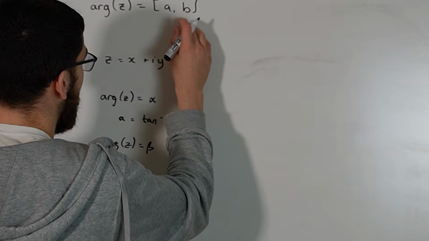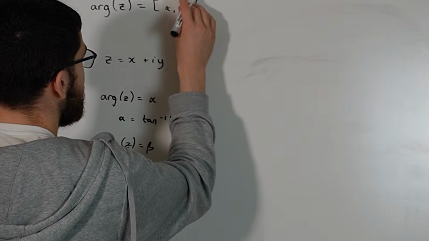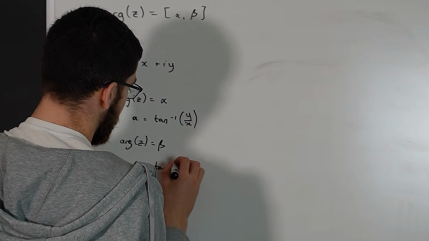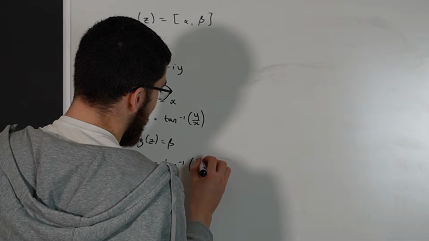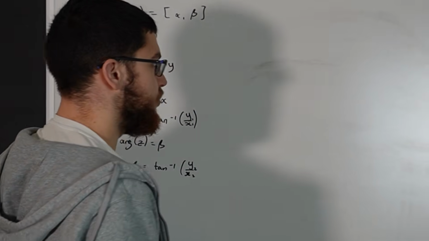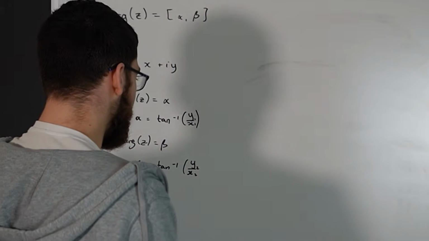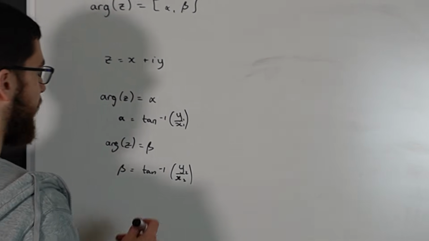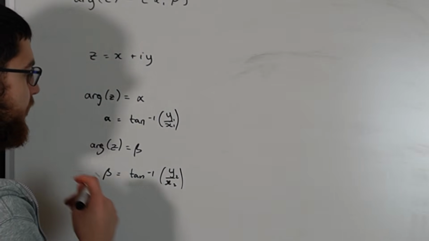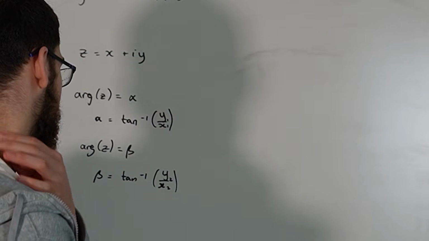So I've used alpha and beta here, so let's change this. Then we've got beta equals tan inverse, so we've got the same equation basically. So let's use y1, y2, and x1, x2. All of those, okay. And then we've got to show that this is an arc. So for all values, we've got to basically prove that this gives us an arc.